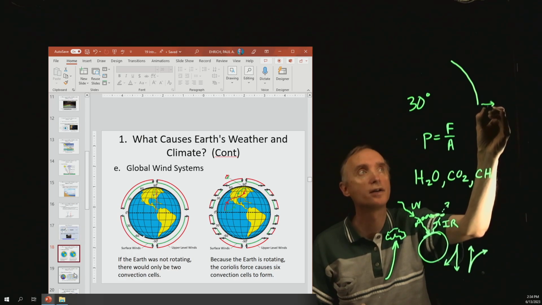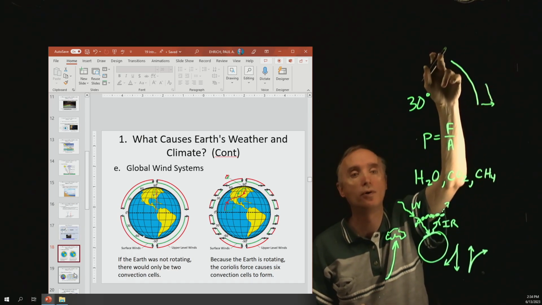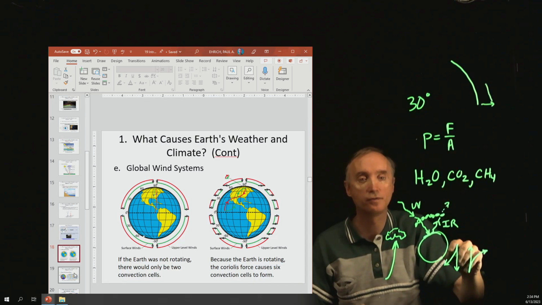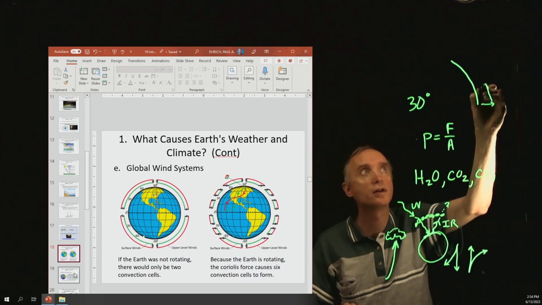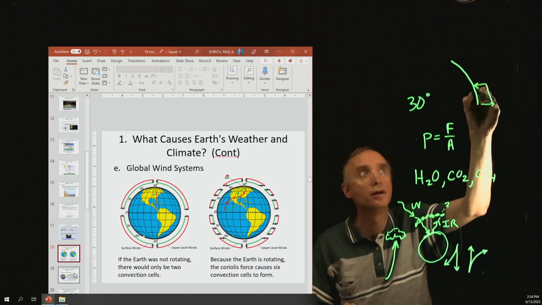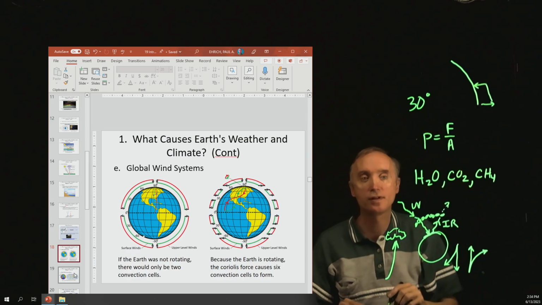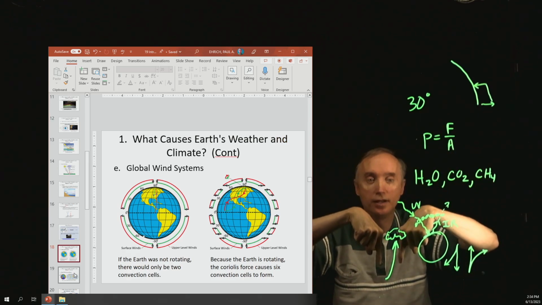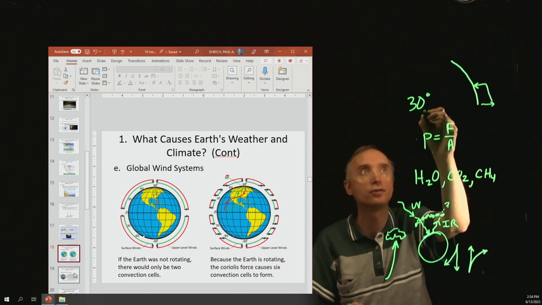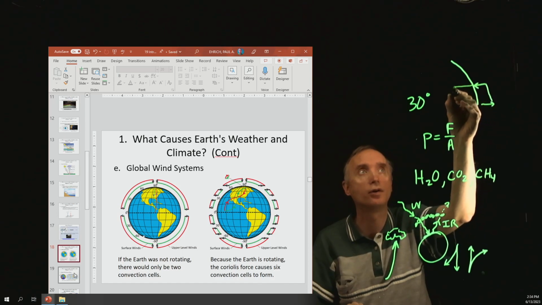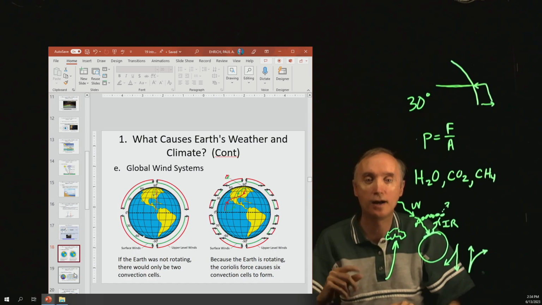It gets to the stratosphere, and then it starts to go north towards the North Pole, but because of the Coriolis effect, it gets blown off course, and eventually it starts coming back down at 30 degrees latitude. And what did we say? If air is coming down, it doesn't allow clouds to form. So at 30 degrees latitude, anywhere on the Earth's surface, it's going to be deserts. No cloud formation.